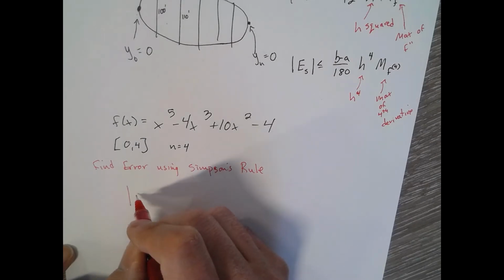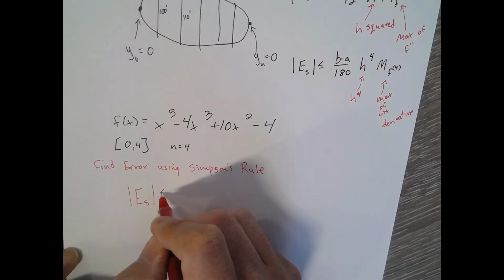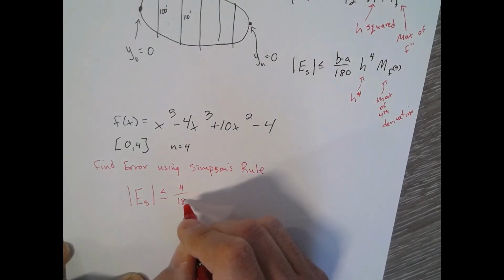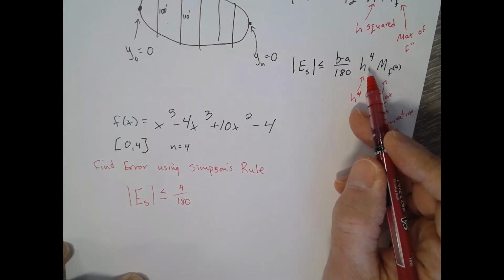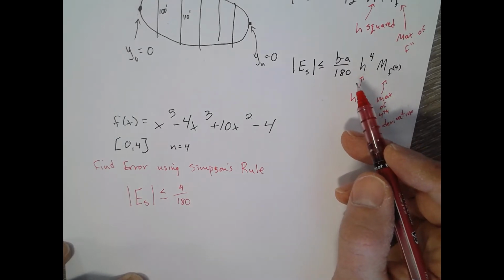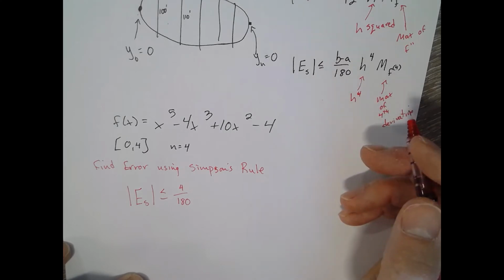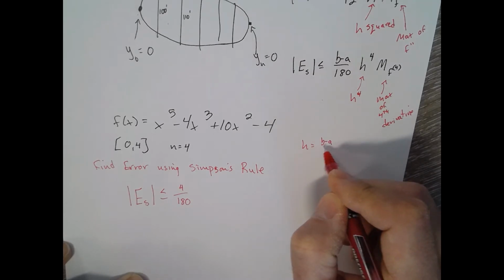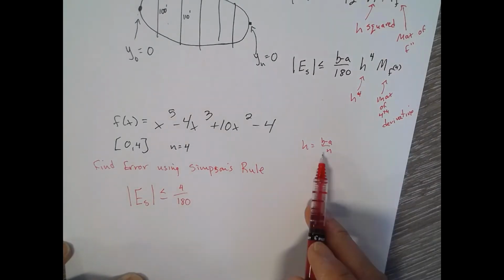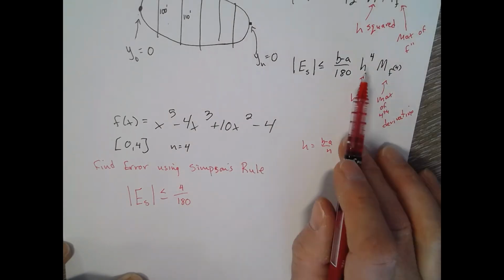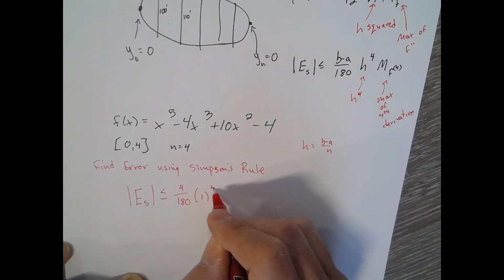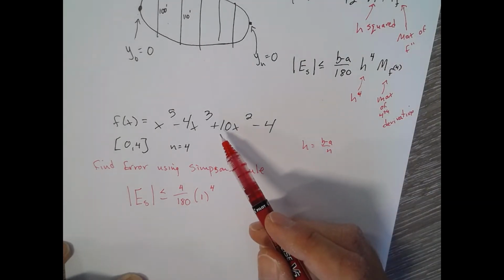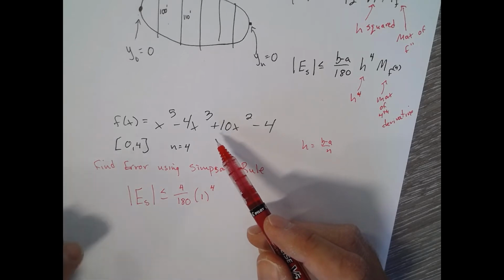It's going to be less than or equal to (b minus a), so 4 minus 0, so 4 over 180 times h. What's h in this problem? It's 1, right, because h is (b minus a) over n, so it's (4 minus 0) over 4, so it's going to be 1, which is helpful. We can take 1 to the fourth. And now we have to find the maximum of the fourth derivative of our function.